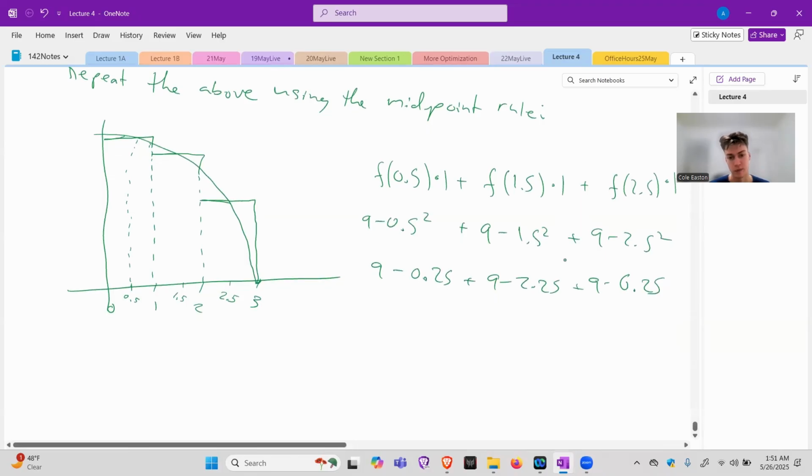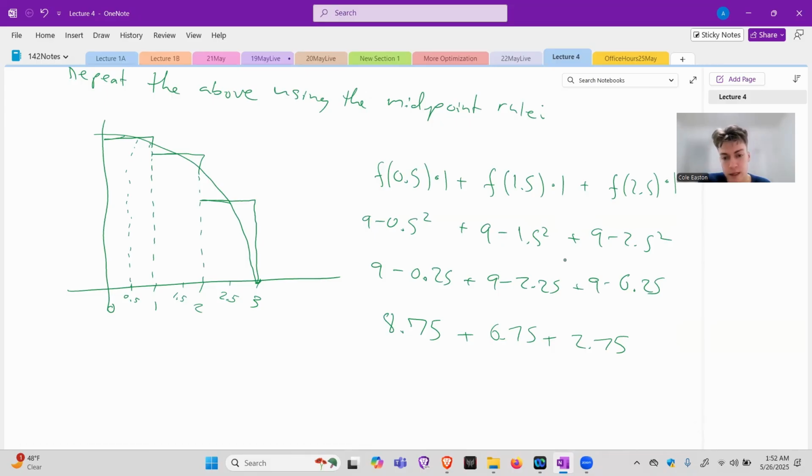All right, now let's see how much math I can do in my head. So we have 8.75 for this first subtraction, plus 6.75 for the second subtraction, plus 2.75 for this third subtraction. And so I think that's going to give us, let's see, 8 plus 2 plus 6 is 16.